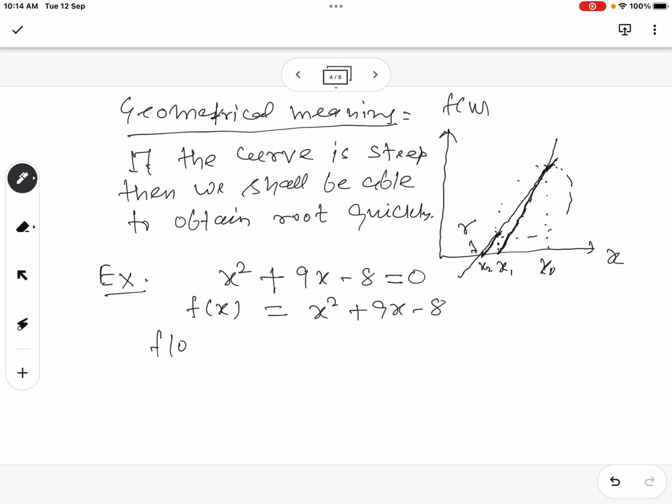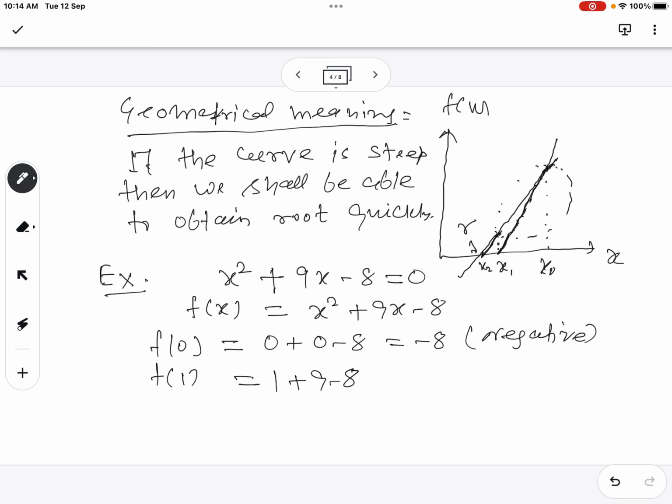If I substitute x equal to 0, I'll get 0 plus 0 minus 8, that is minus 8, and this is negative. And at x equal to 1, the value will be positive. So from here I can see that the root lies between 0 and 1. So 0 and 1 is the interval within which the root lies.